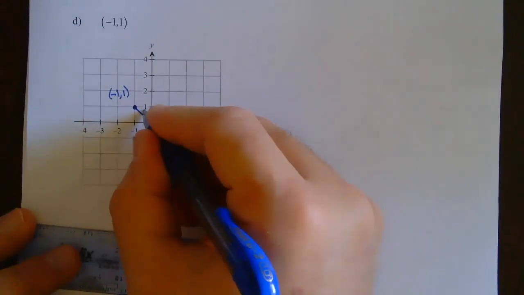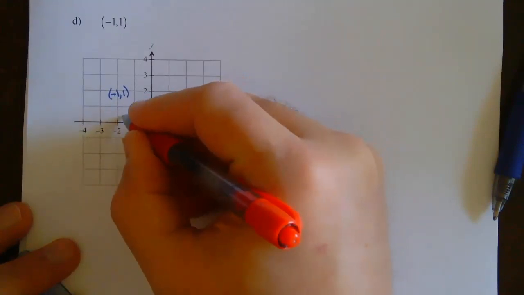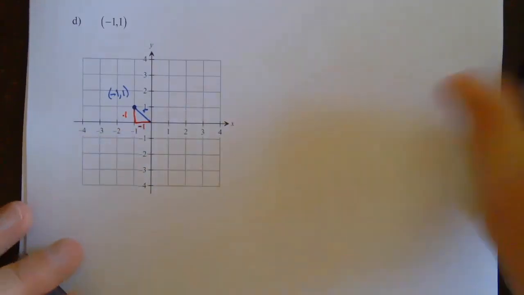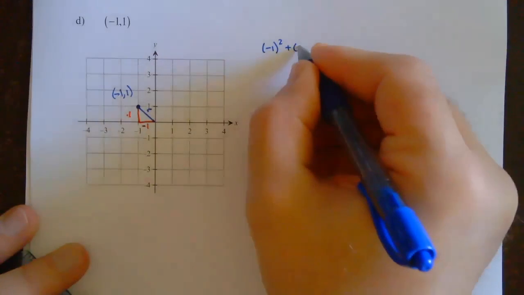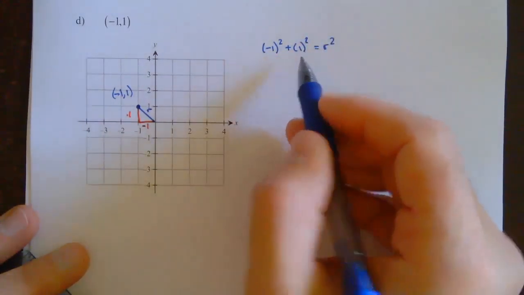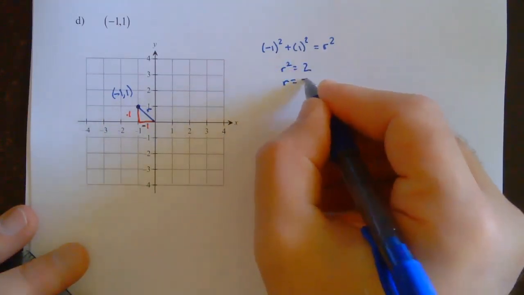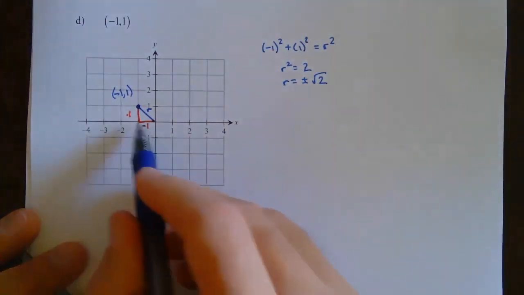So this is going to be my R. And this side right here would be 1, and this side right here would be -1. So I know that -1 squared plus 1 squared is equal to R squared. That'd be 1 plus 1, right? So R squared would equal 2. So R would equal plus or minus the square root of 2. And that makes sense with the side lengths, right?